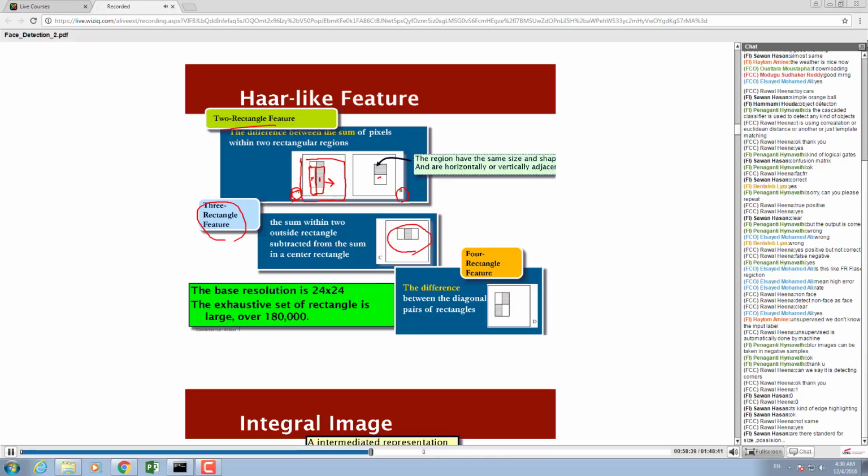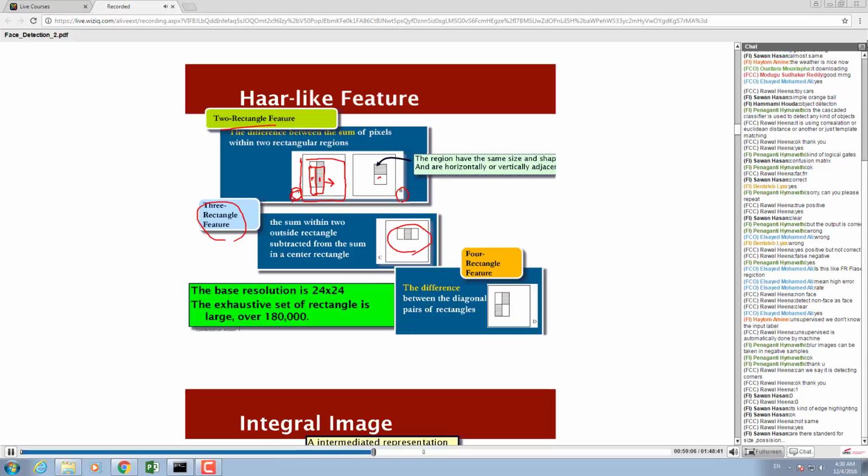Someone asked a question about the standard for size and position. There is no standard, but it cannot be too small and it cannot be too large; it depends on your implementation. When this paper proposed this, they defined some minimum size and maximum size.